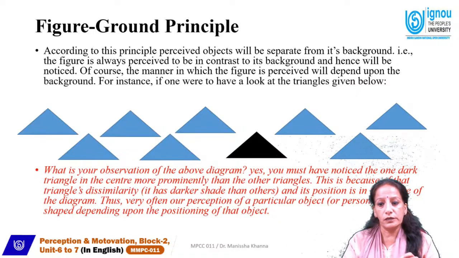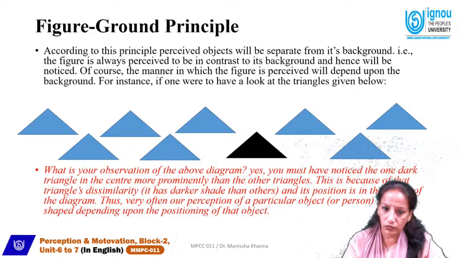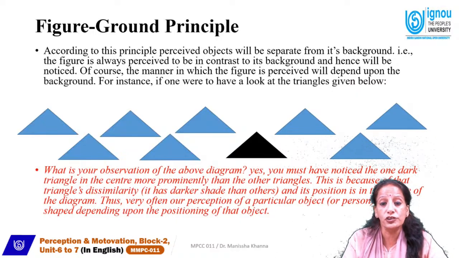So we notice the dark triangle in the center more prominently than the other triangles. This is because of not only the color, but it is known to be the dissimilarity and its position in the center of the diagram.